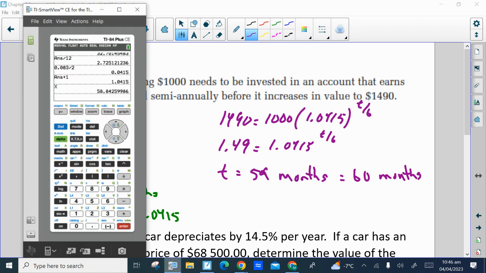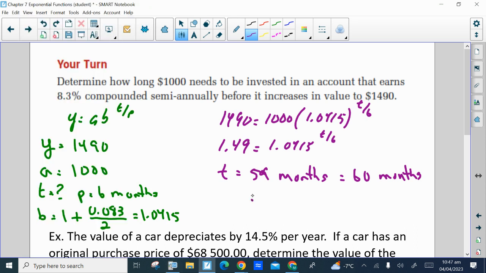If you take that 60 and divide by 12, I said 6 years, it's 5 years. 5 times 12 is 60. So after 5 years, there'll be a little more than 1,490. But if you back it up to 4.5 years, it would be less than 1,490.